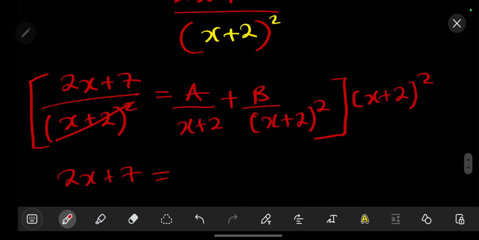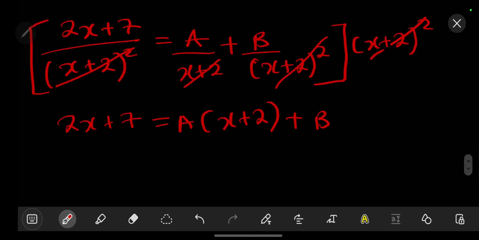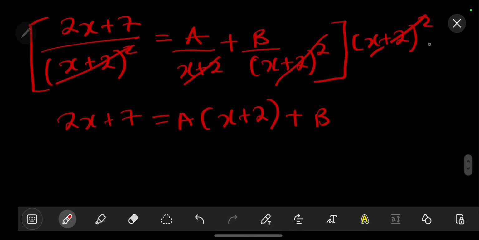So we have a open brackets x plus 2, then plus b, because each time we multiply throughout, this whole thing cancels with this whole thing, so we have plus b like that.